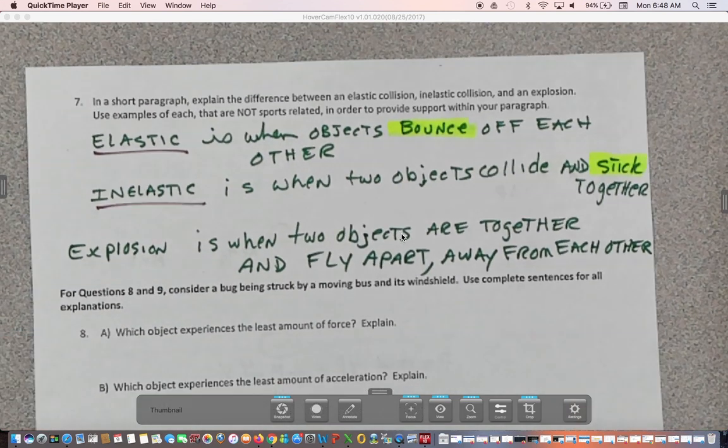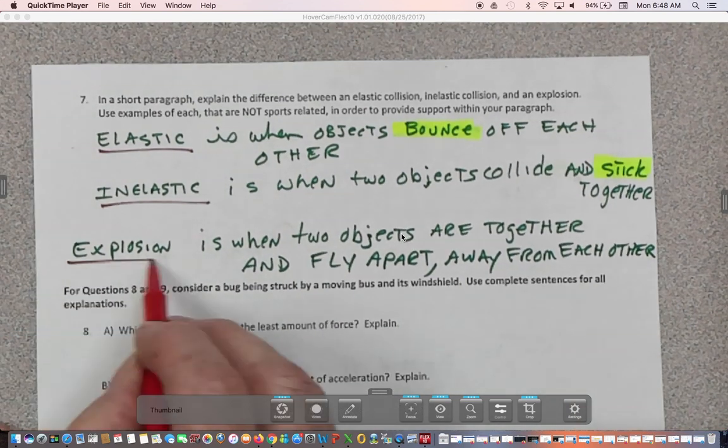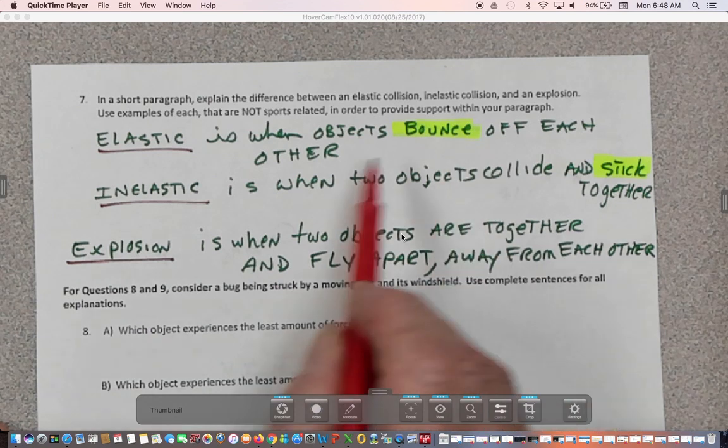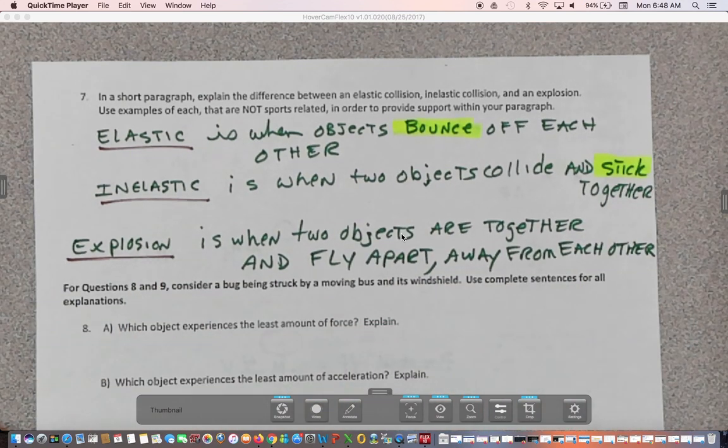So I'll let you write that down. So there's three types of collisions. Elastics, they bounce. Inelastic, they stick. And explosions, when two objects fly apart. I'll be doing a demo in about 5 seconds in front of class. So I'll let you write that down.